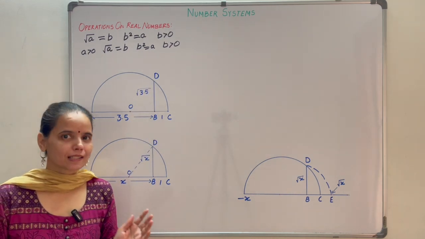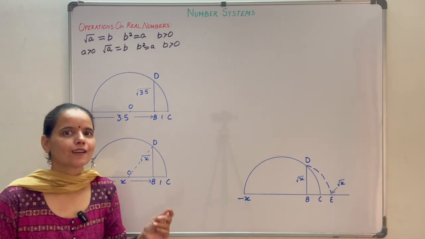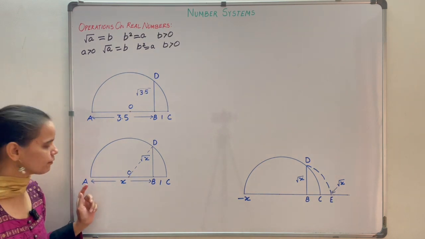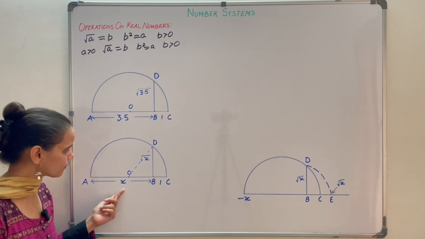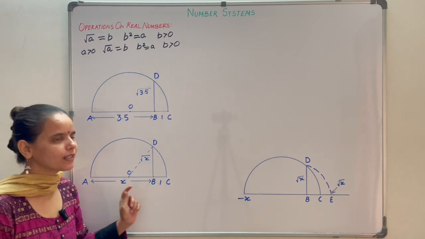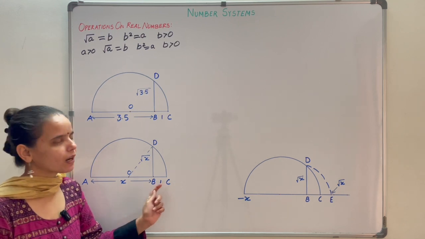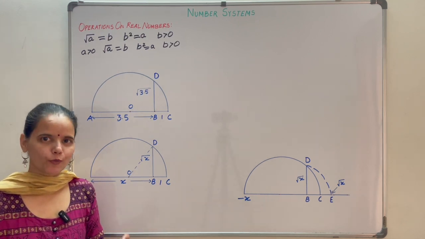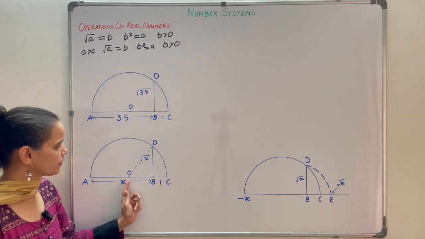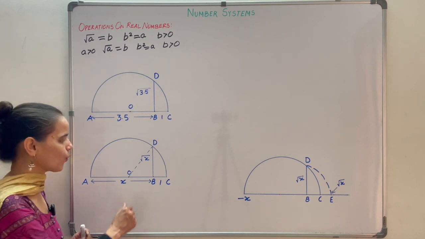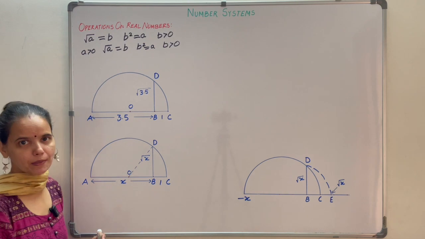So we will follow the same steps to locate root x geometrically. So let us start. On a given line, at the end point, we will mark a point A, and on the same given line, at a distance of x units, we will mark this point B. And from B, at a distance of 1 unit, we will mark this point C. Now we will find out the midpoint of this line segment AC, and we will name that point as O. Taking O as the center and OC as the radius, we will draw this semicircle.